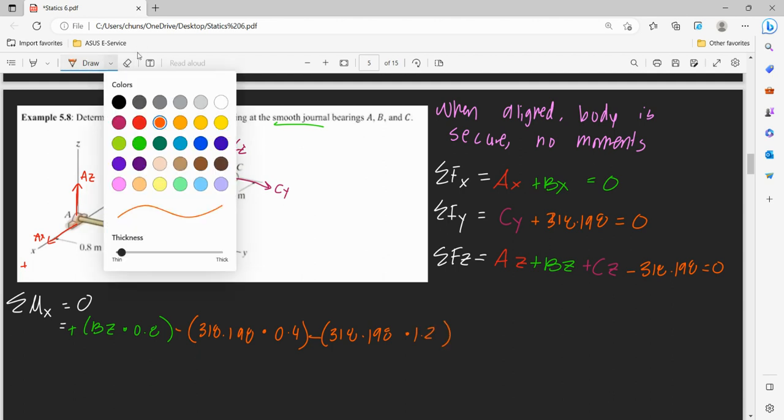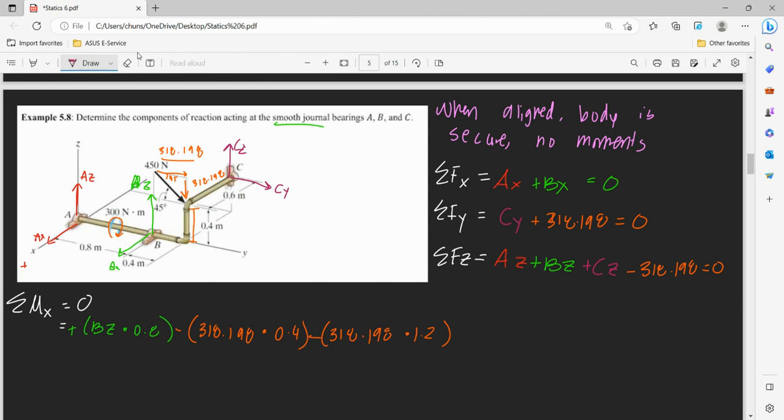Okay, and we have our cy, so we want to find how far down we need to go to get to our x-axis. So this is cy, and that's multiplied by 0.4, and this is in our negative direction.